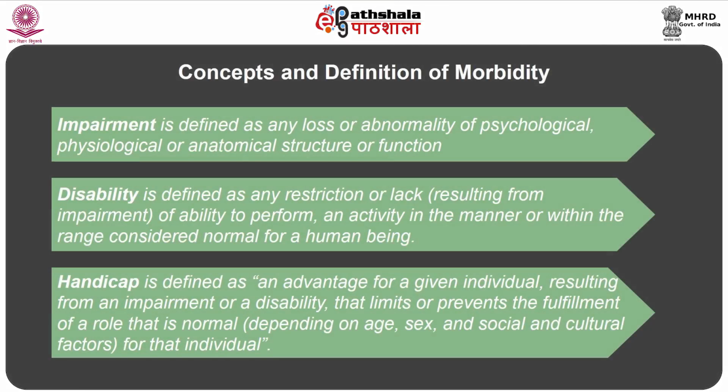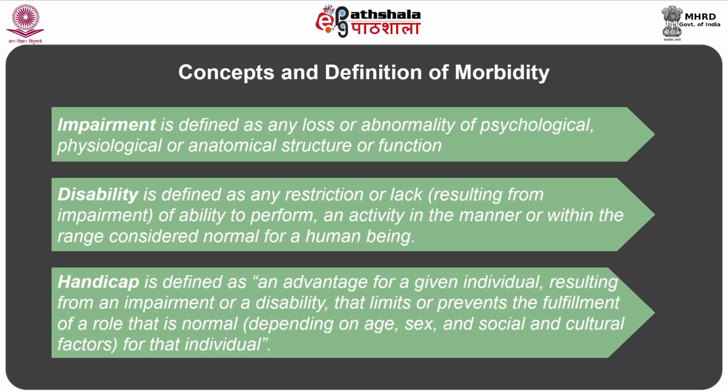Impairment is defined as any loss or abnormality of physiological, psychological, or anatomical structure or function. Disability is defined as any restriction or lack, resulting from impairment, of ability to perform an activity in the manner or within the range considered normal for a human being.